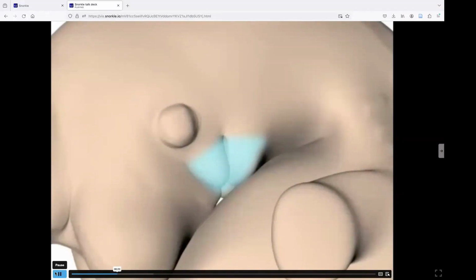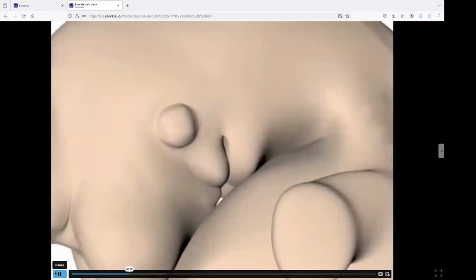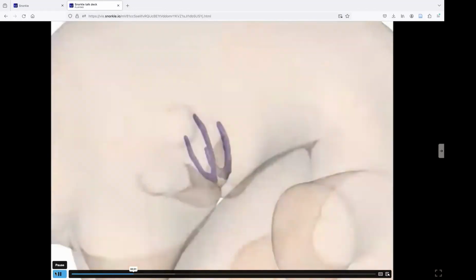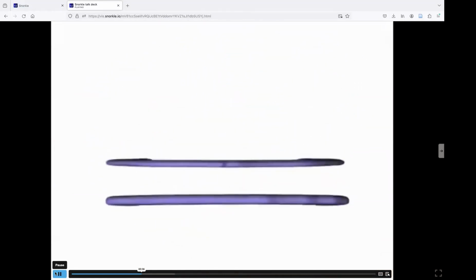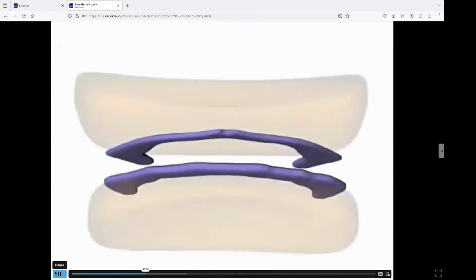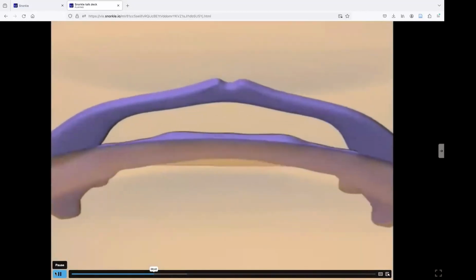This animation will outline the first 3 stages of tooth development: bud, cap, and bell. Prior to the bud stage, 2 bands of thickened epithelium form in the presumptive upper and lower jaws of the embryo. On each band, a ribbon-thin shelf emerges into the underlying ectomesenchyme. This inward growth is called the dental lamina, and is the beginning of tooth development.